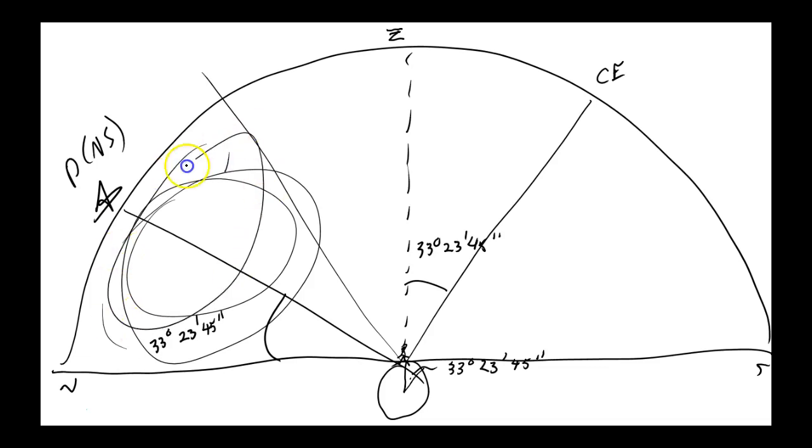These would be the ones that circle around the North Star and never set. So what we have to do is subtract this 33 degrees, 23 minutes, 45 seconds from 90 degrees.